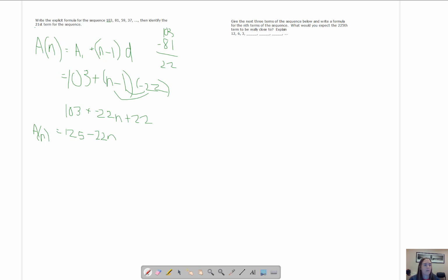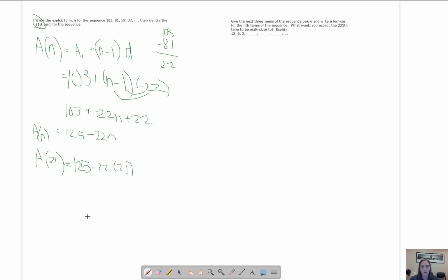Then to identify the 21st term, that 21 is what you're going to substitute in. So you're finding a at 21, and so you'd have 125 minus 22 times 21.